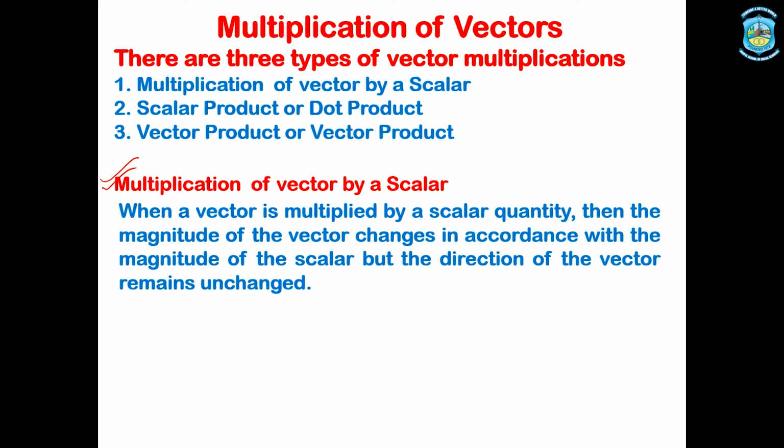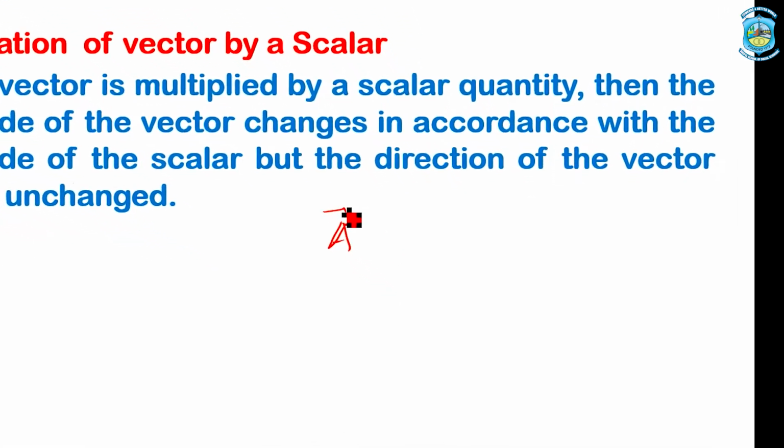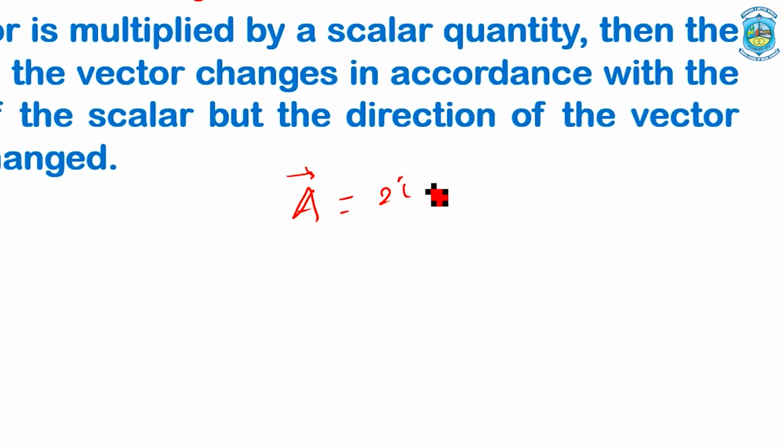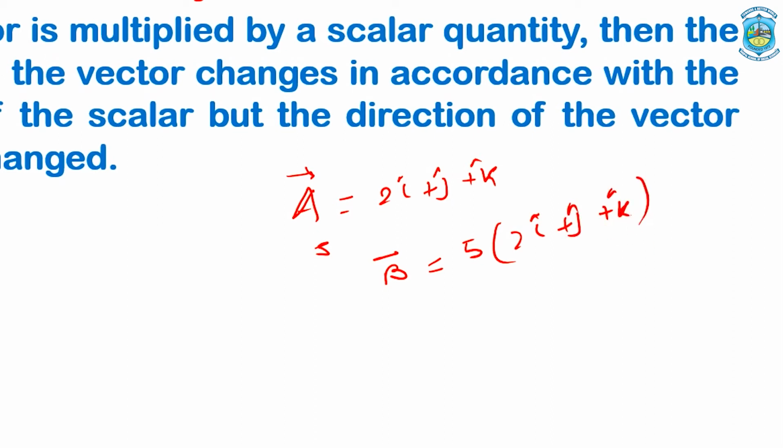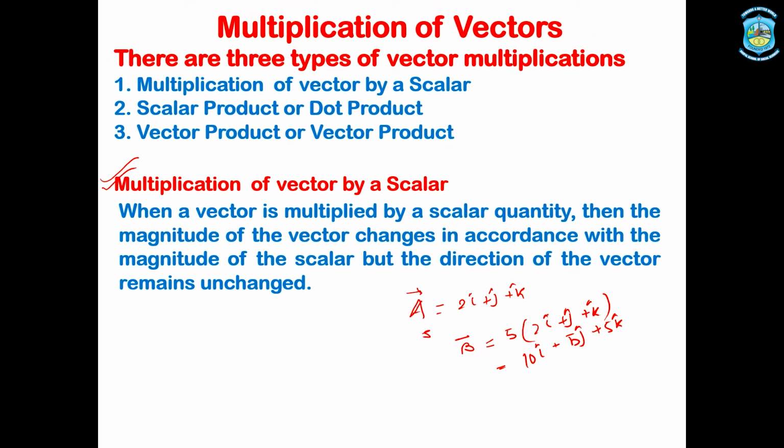For example, we have a vector A that is a three-dimensional vector and that can be written like 2i plus j plus k, and suppose it is to be multiplied by any scalar number, let us say 5, then the new vector, let's call it B vector, will be simply equal to 5 times of this vector, that is 2i plus j plus k, and the resultant vector we can have is 10i plus 5j plus 5k. So this is what? Multiplication of a vector with a scalar quantity.